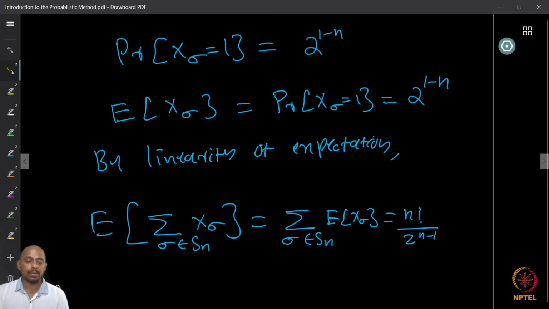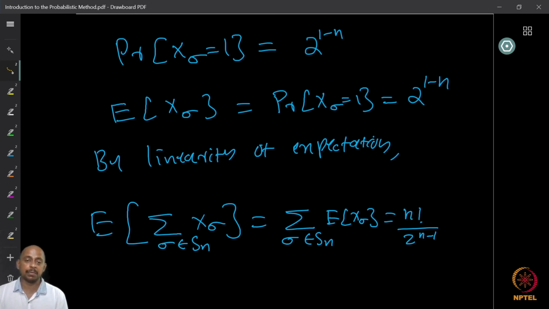Now, if the expectation of a random variable is something, then there must be at least some occurrence of the random variable which takes that value. Just like in the case of averages, if every time the random variable takes a value less than k, then the expected value will also be less than k.